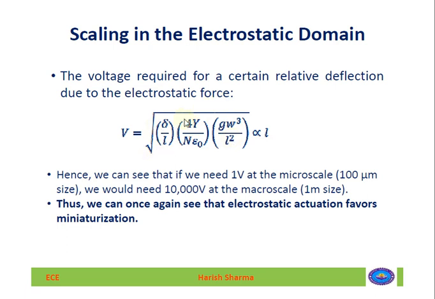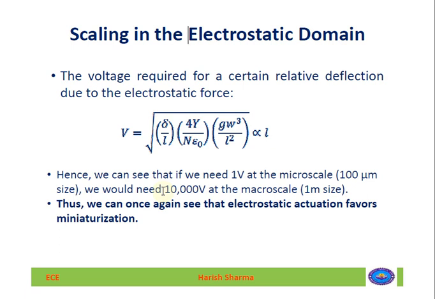So we see from here that V is proportional to L. Hence, if we need 1 volt at a micro scale range, that is 100 micrometer size, we would need 10,000 volts at the macro scale range. This means that if we increase the size, the voltage required for the same deflection will also increase.